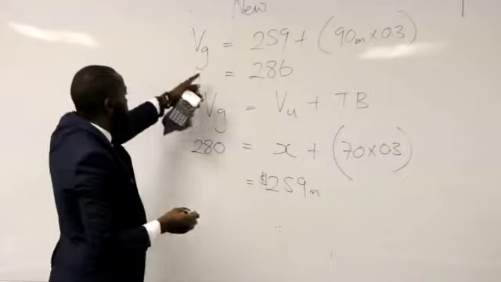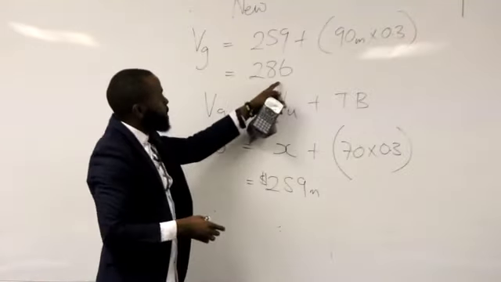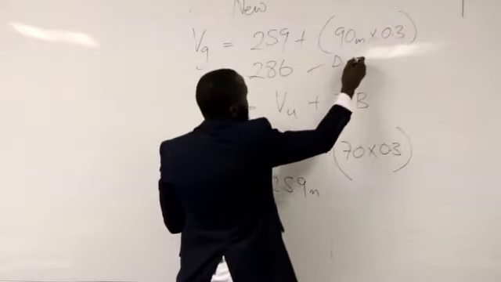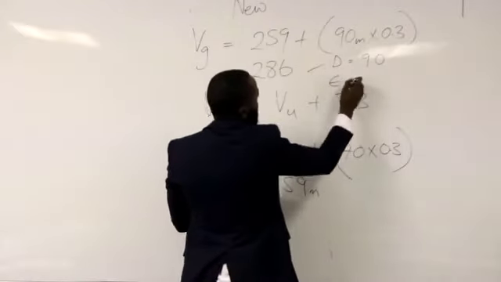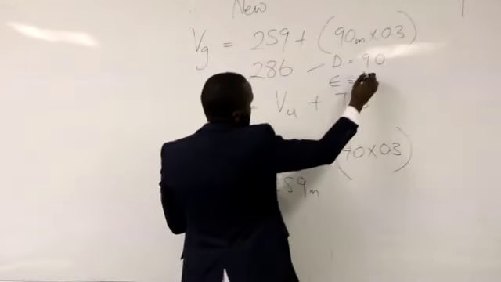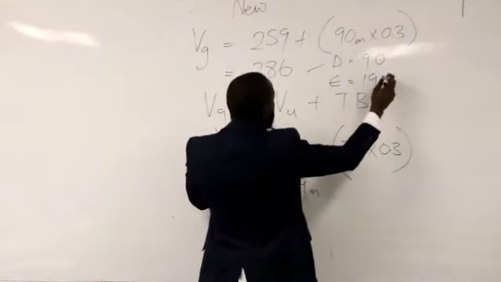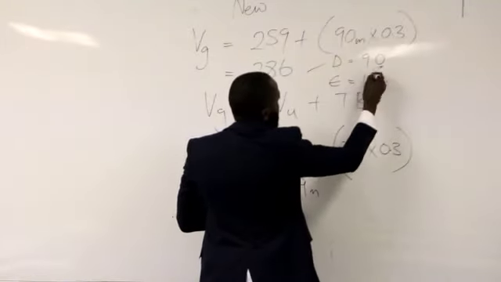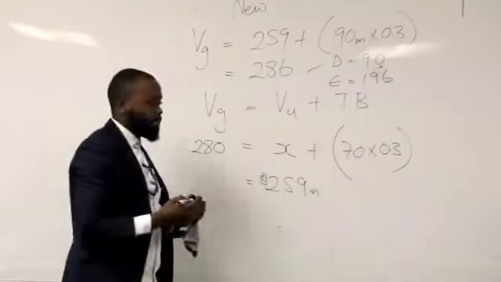This value of the geared company, part of it is debt, part of it is equity. Our debt is 90. Therefore, equity is 196.